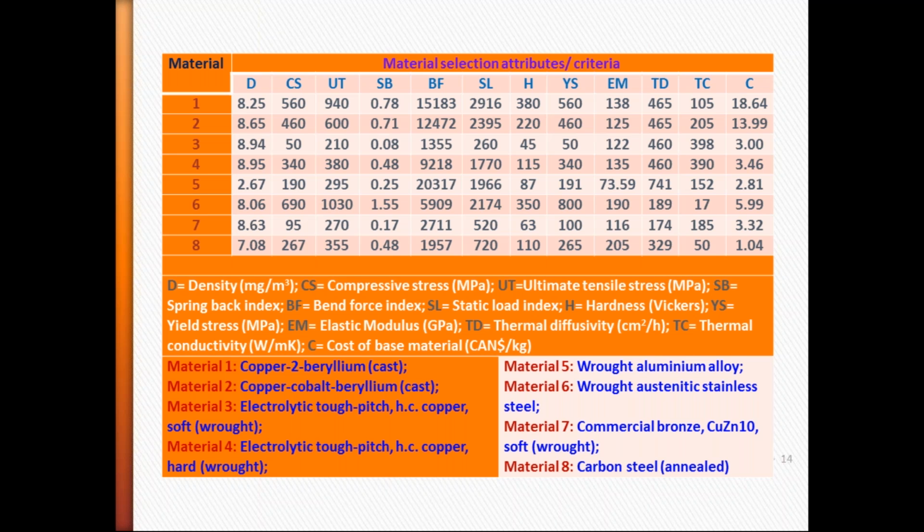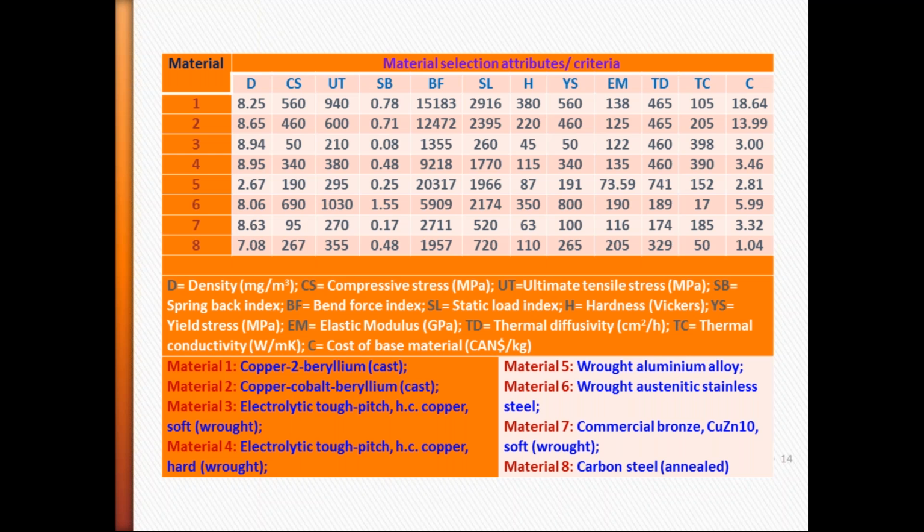You just follow the column of density D, 8.25 for material 1, 8.65 for 2, 8.94, etc., material 8, 7.08. Out of this data, means density data for 8 different types of material, maximum available value is 8.95 and minimum available value is 2.67.